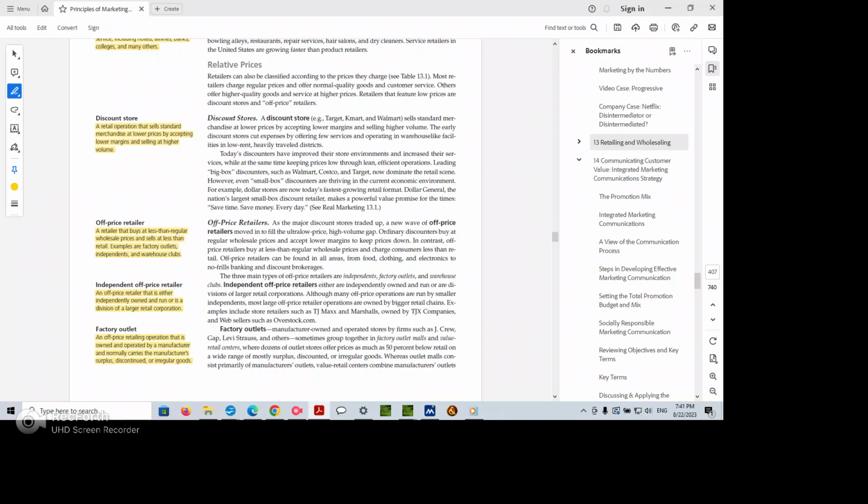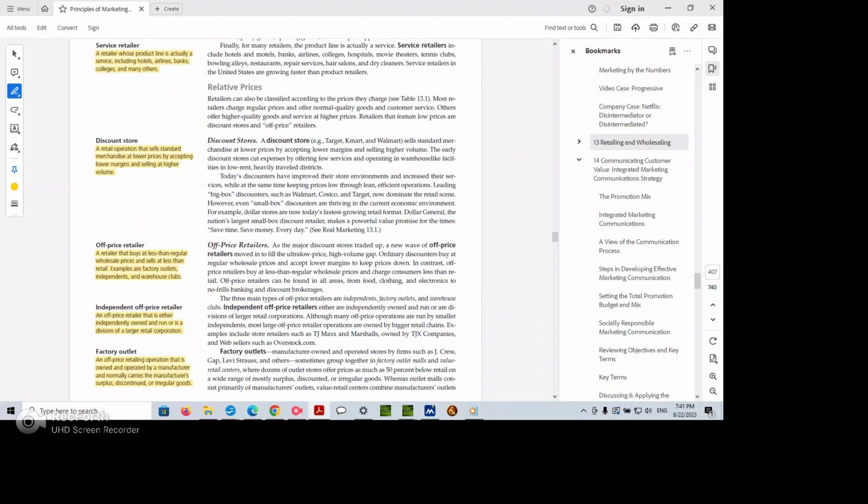So remember with off-price, it buys at less than regular wholesale prices because they're making it themselves, and sells at less than retail. Okay?